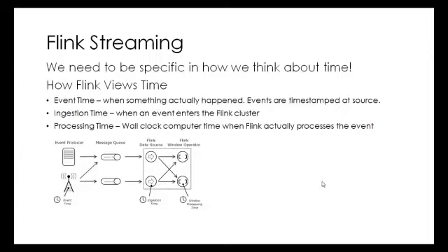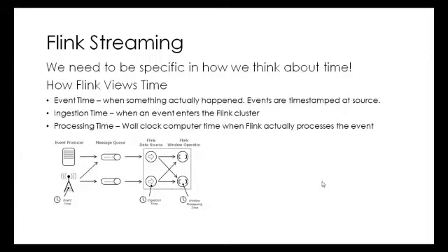We have an event producer, some kind of device or something. Something originates an event. There's always a genesis; everything starts from something. And when that happens, you could think of that as truth or the gold standard, the source of truth in your system. That's when something actually happened.